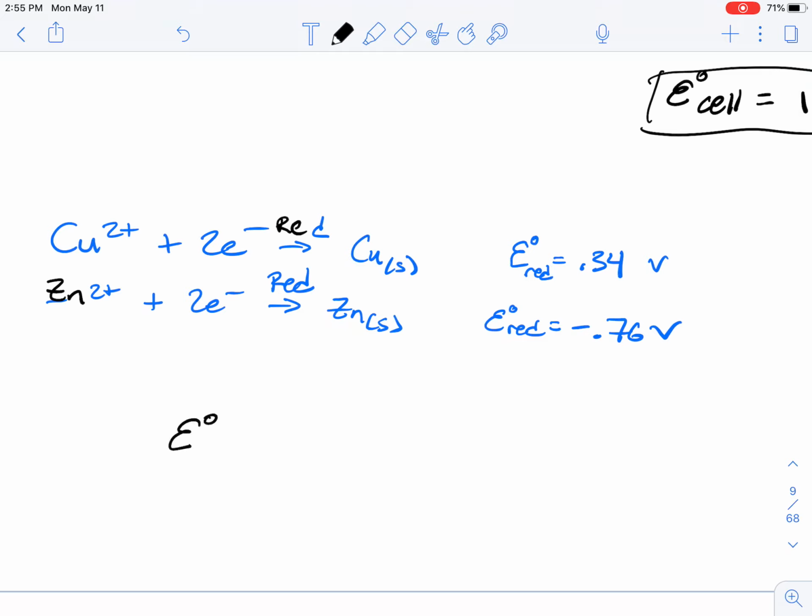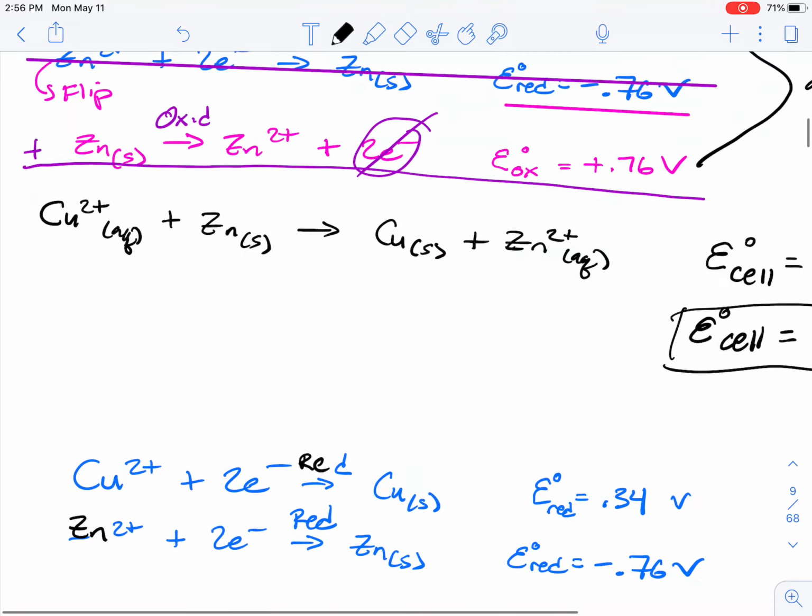And so the standard cell potential is equal to the standard potential for reduction minus the standard potential for oxidation.